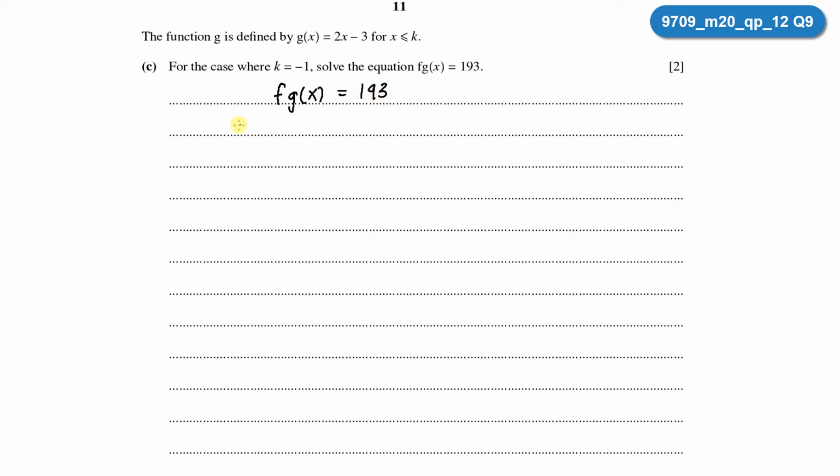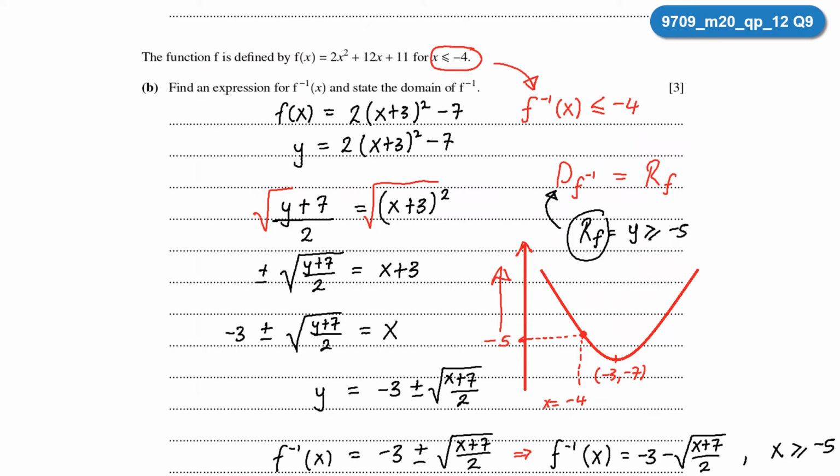That means g of x, that's 2x minus 3, goes into f. We know the function f of x from what we have.